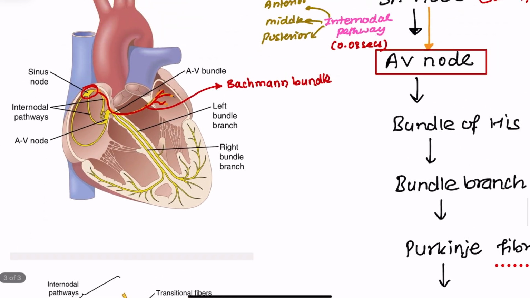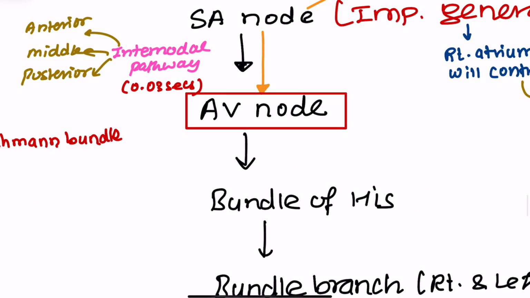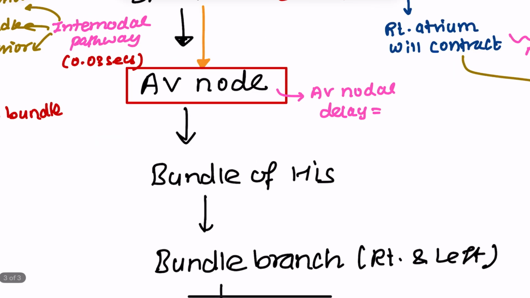So now let's fill this gap. In the AV node, there occurs AV nodal delay, which is around 0.13 seconds.